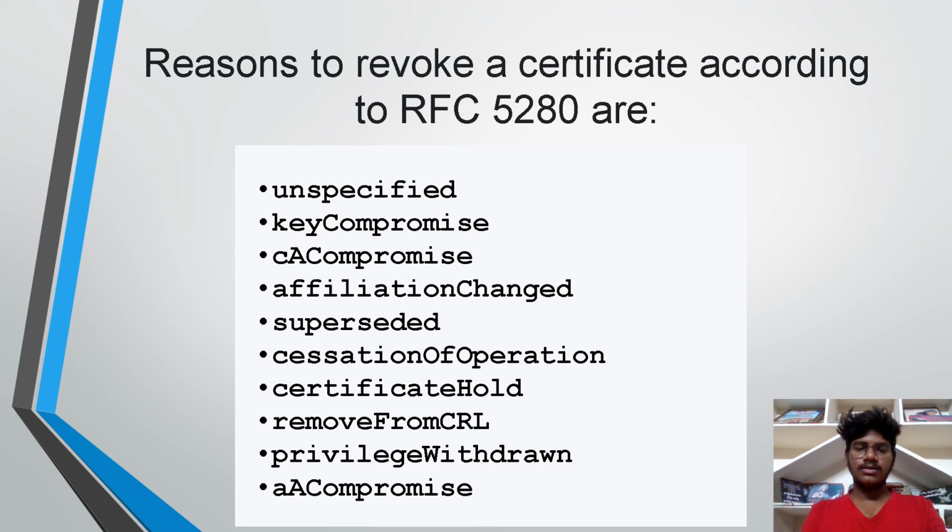The sixth one is cessation of operation. The seventh one is certificate hold. The eighth one is removed from CRL. The ninth one is privilege withdrawn. And the last one is AA compromise. These are the 10 reasons to revoke a certificate according to RFC 5280.